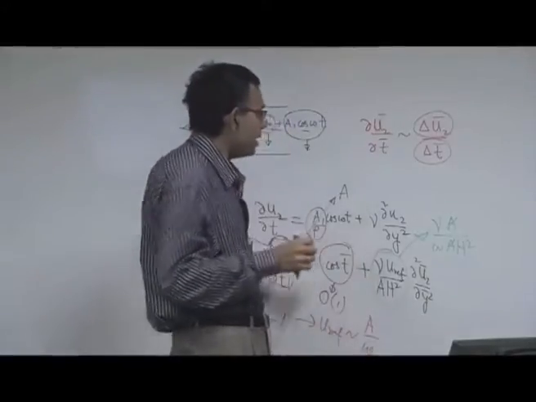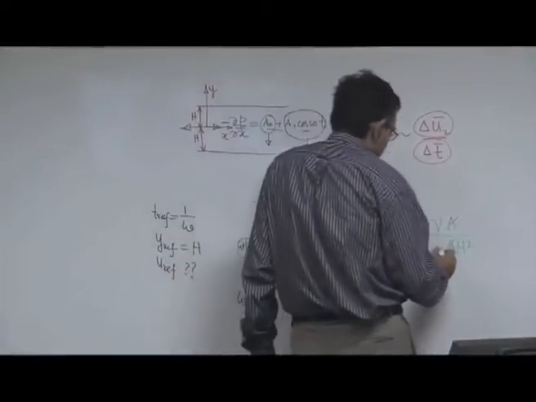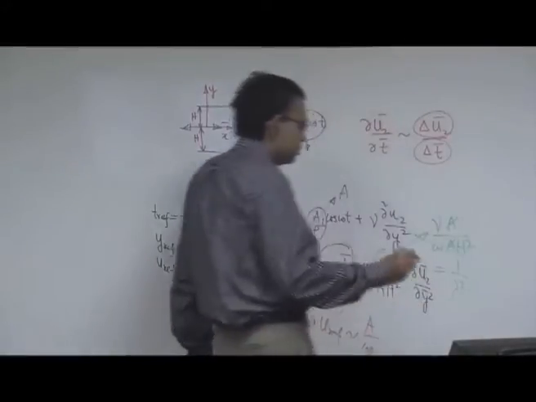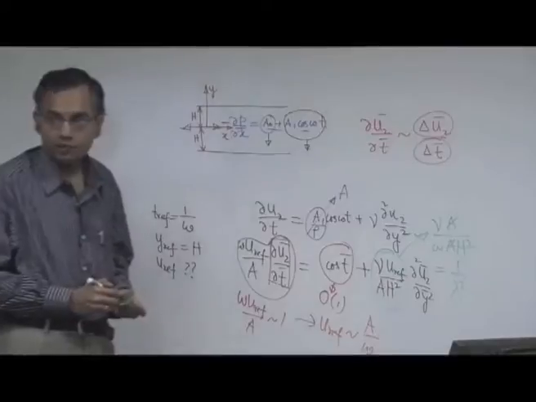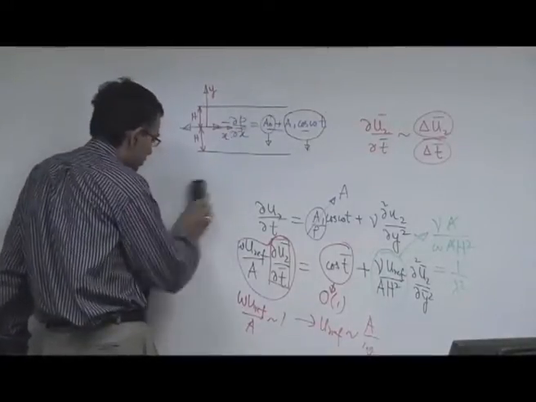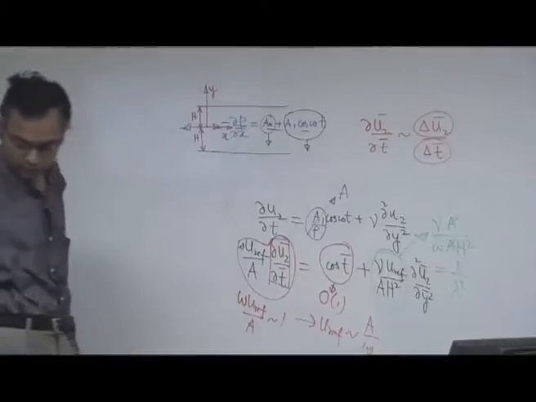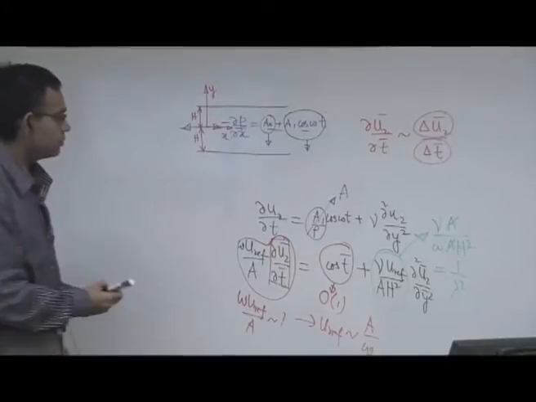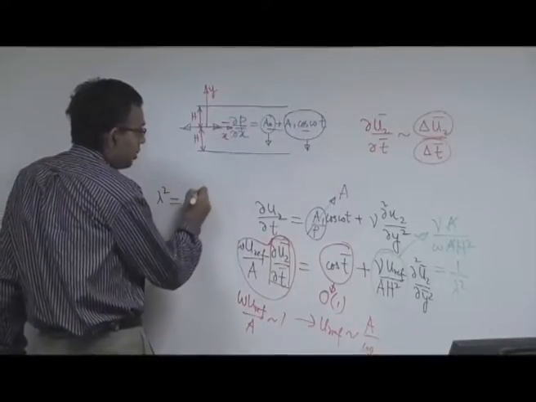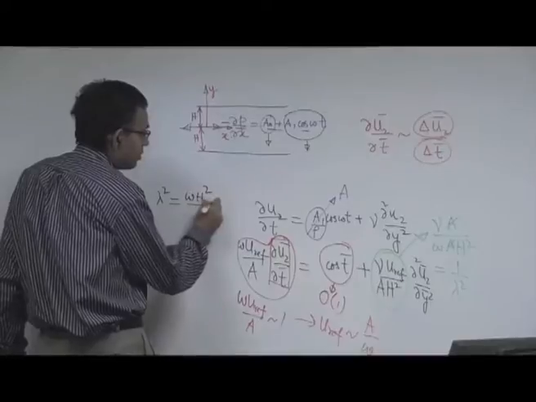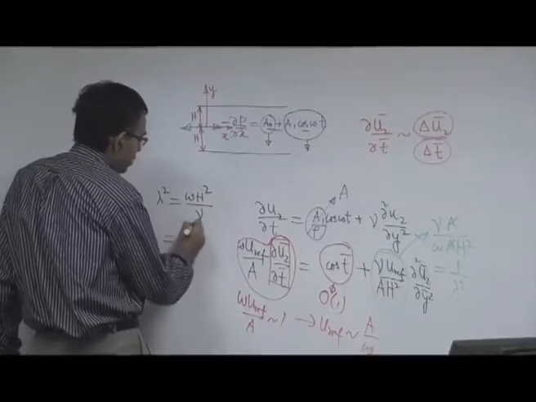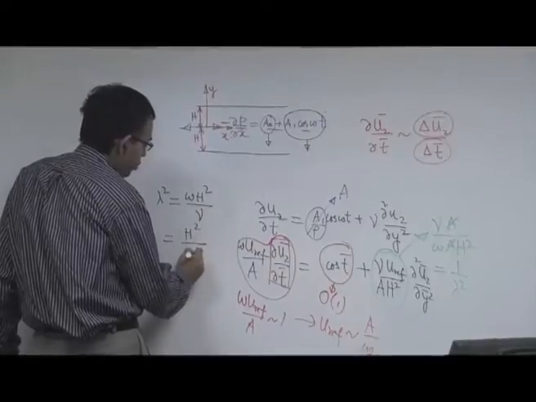So, what are the parameters on which it depends? So, let us call this as 1 by lambda square, where lambda is the parameter for this problem. So, what is lambda? Lambda square is equal to omega h square by nu. So, h square by nu by omega.